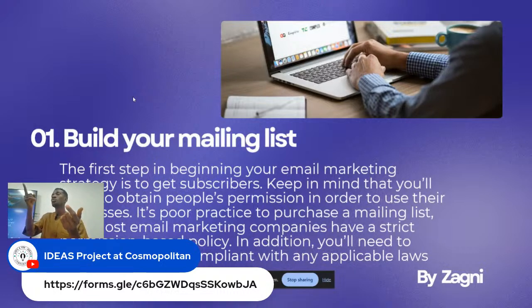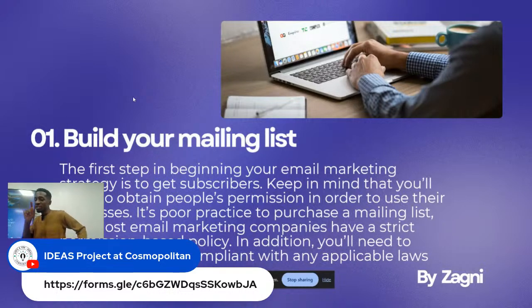So you can use Instagram bio. You can also use a website. When people are trying to sign up on a site like Jumia, for example, they tell you to provide your email if you want to get information about their latest products.